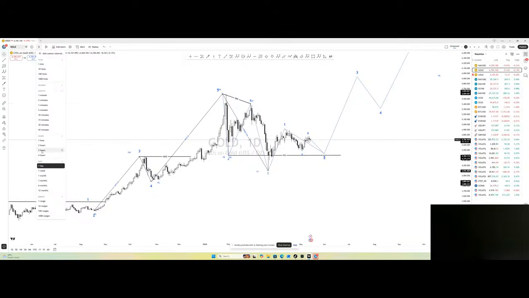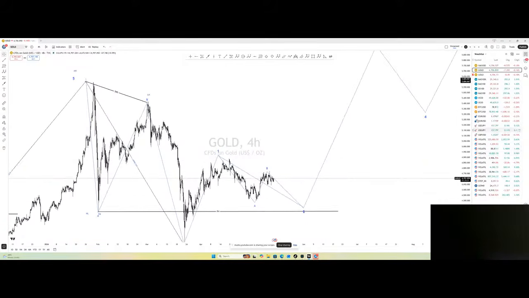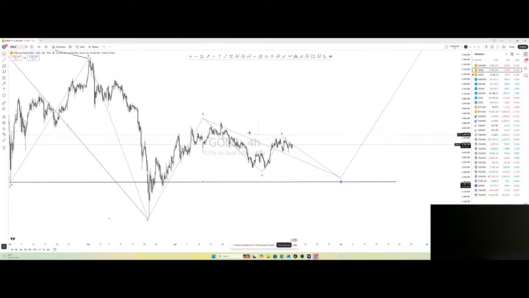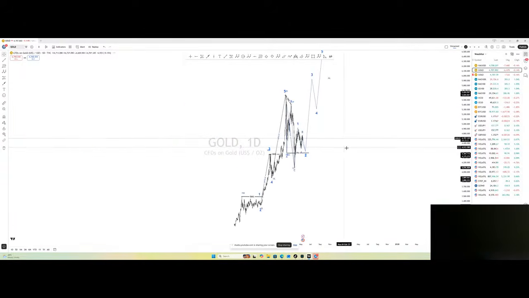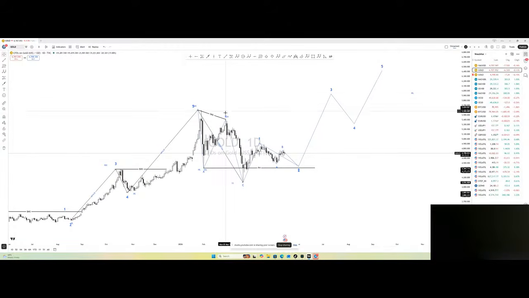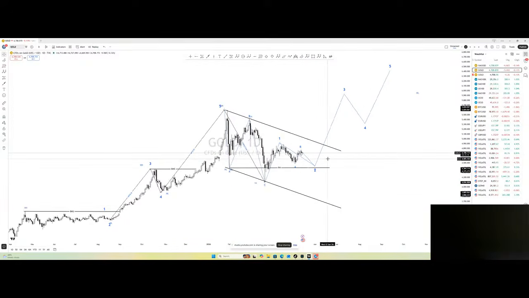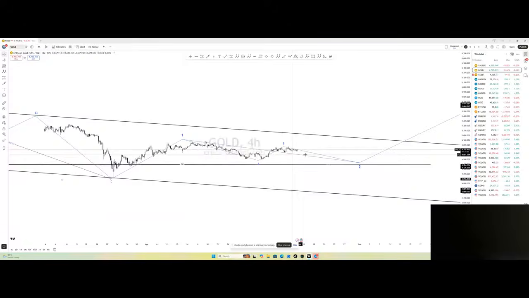So let's switch over to 1 hour, or I mean, let's try 4 hours. So what's happening is we've got, let me first, I forgot to highlight this. In daily time frame, we've got a nice corrective channel. Then let's switch to 4 hours.